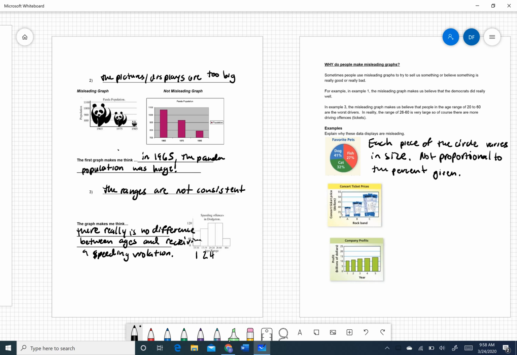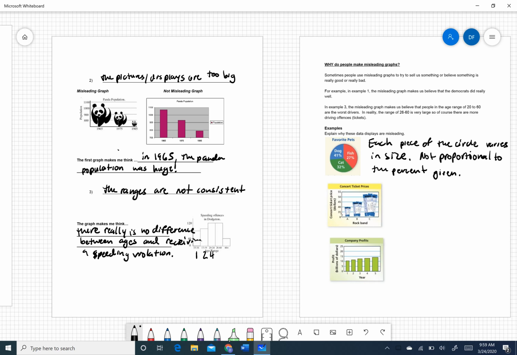And in the second one, this is kind of like our panda example on the other page, where it looks like the third rock band sold a lot more tickets than the other 2 rock bands, when in actuality, if we looked at this on a proper graph, we would see that there's probably not so much of a difference between the three bands as it makes it look in our pictograph here.